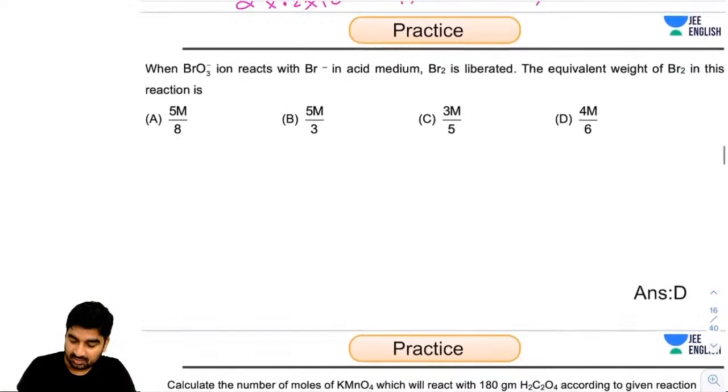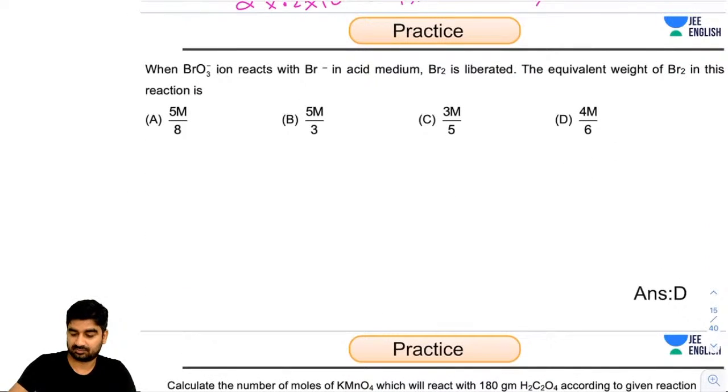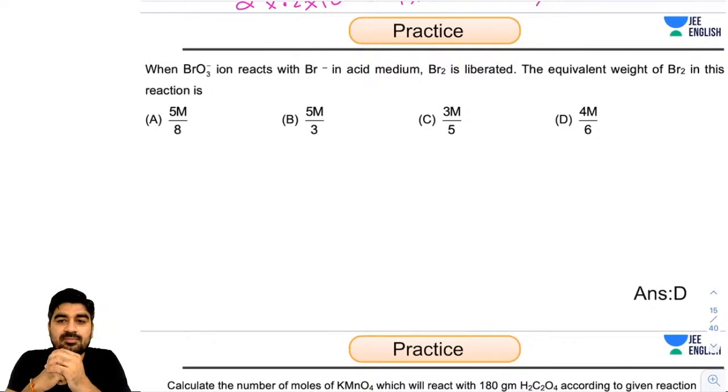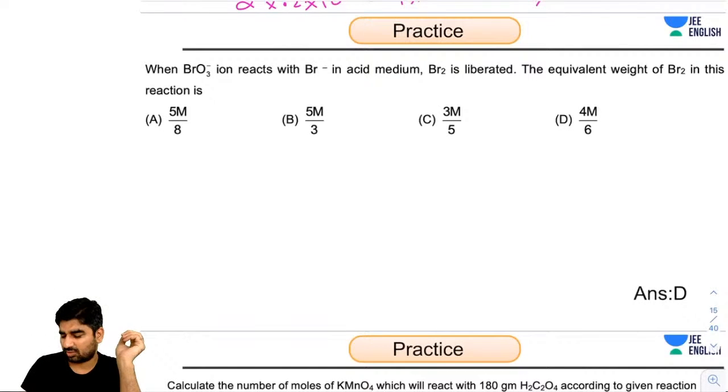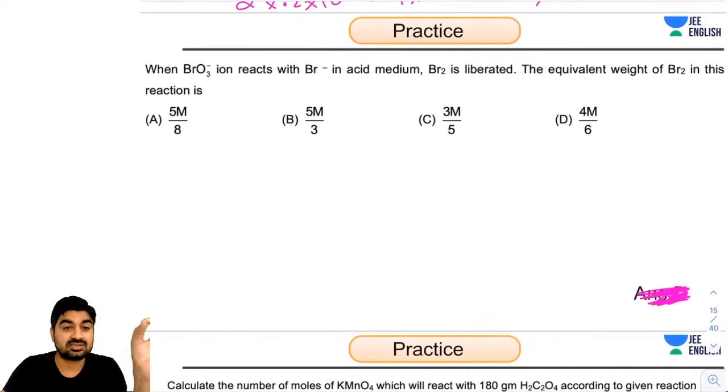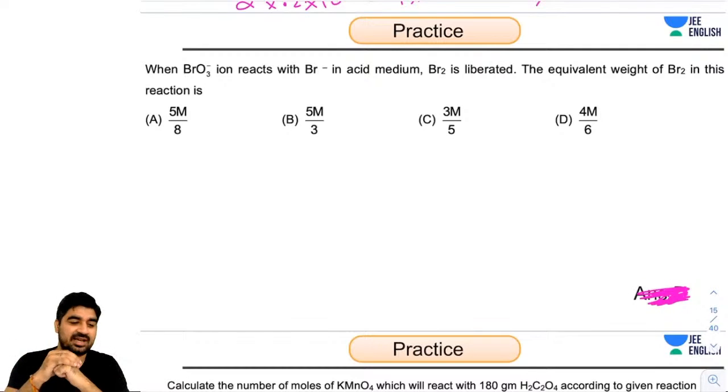Yes. Now solve this one. Be fast. Again, don't look at this answer, it might be wrong. These answers might be wrong. These are written just like that. Yes. Do it, guys.